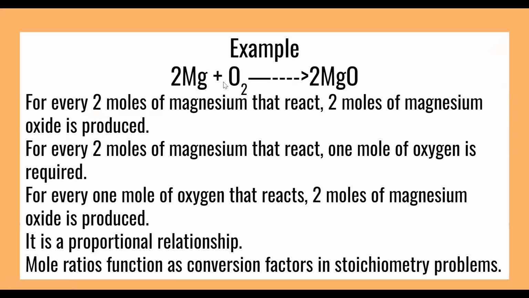This, when it's not written, is 1. For every 1 mole of oxygen that reacts, 2 moles of magnesium is required. So for every 1 mole of oxygen that reacts, 2 moles of magnesium oxide.